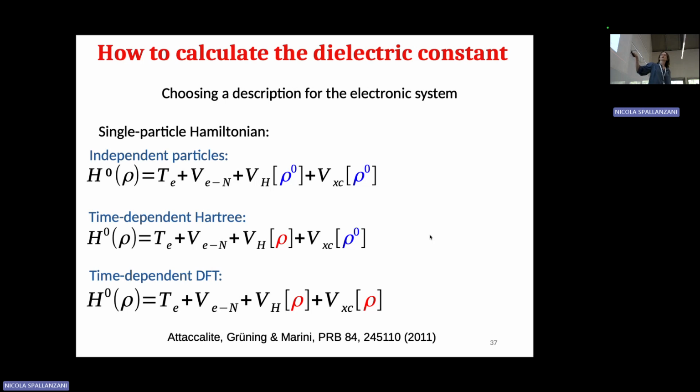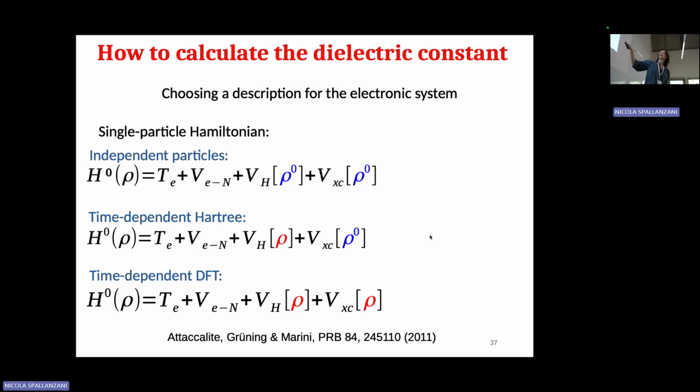The aim of this part of the talk is to show you, if you start with a Kohn-Sham Hamiltonian, what it means in practice when you calculate the independent particle response of your system, or the independent particle plus the local field. The difference comes from the fact that you start from two different Hamiltonians.